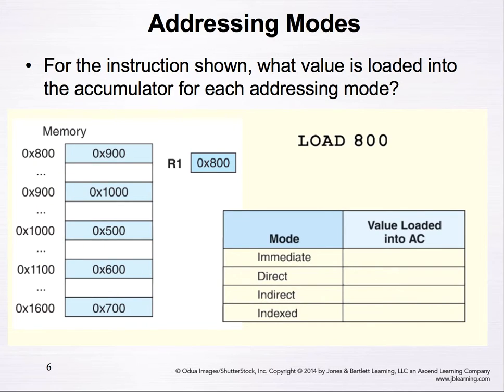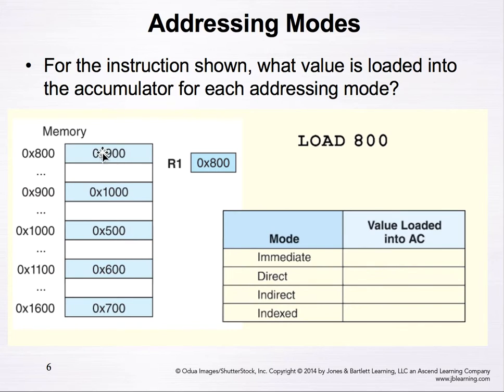So let's see an example of how the different addressing modes work and how the data gets loaded into the register. For example, we have a memory with different addresses: 800, 900, 1000, 1100, and 1600. The contents stored in the memory are 900, 1000, 500, 600, and 700.